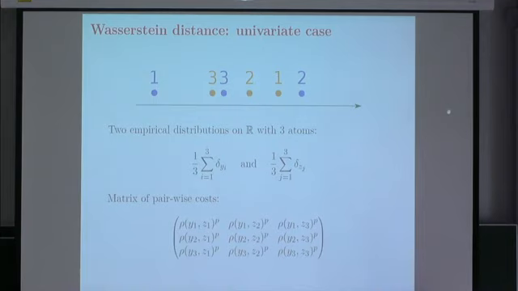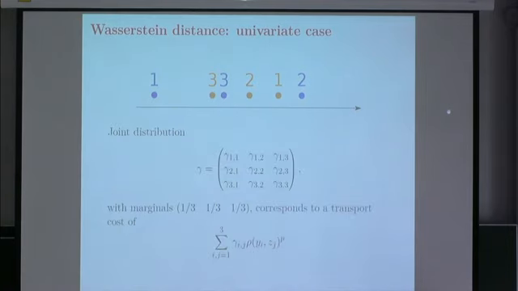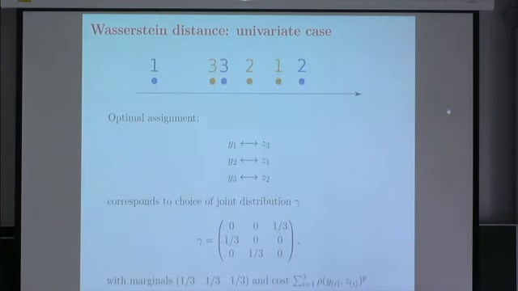You have a matrix of costs, of distances between all those points, and somewhat obviously, unsurprisingly, the joint distribution that minimizes this sum is restricted to having the pairs 1 and 3, 2 and 1, and 3 and 2 in this cartoon. That's a case where the minimum is known.